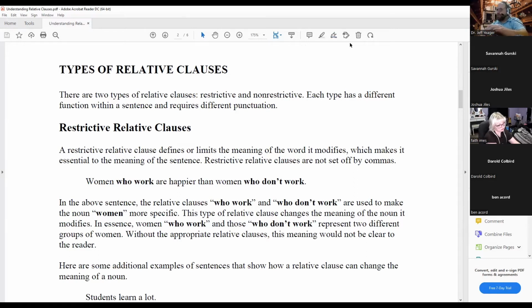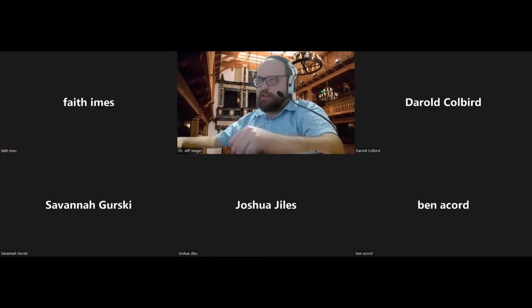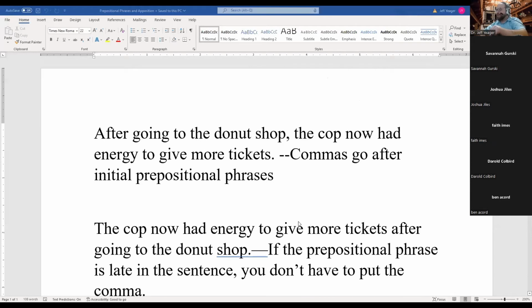So relative clauses is the first little mini lesson I wanted to cover. The other one, then we'll move into Savannah's presentation, is prepositional phrases. In the next grammar quiz, I'll probably lump both into one little quiz.